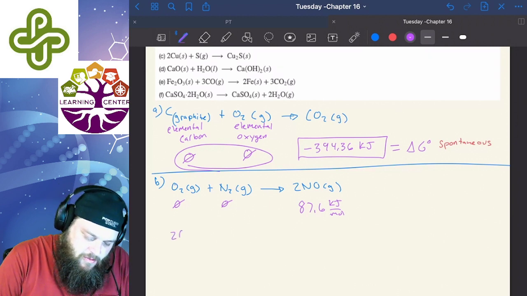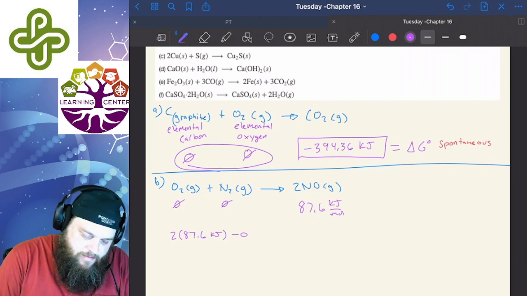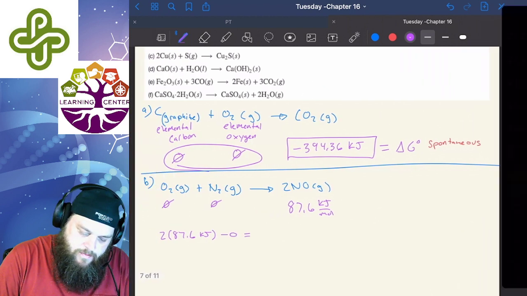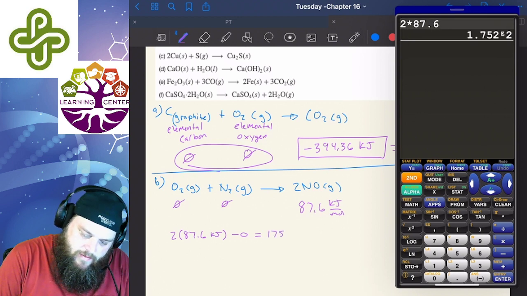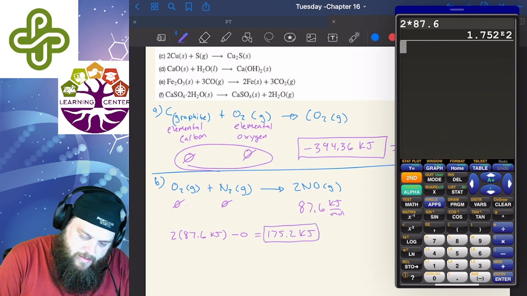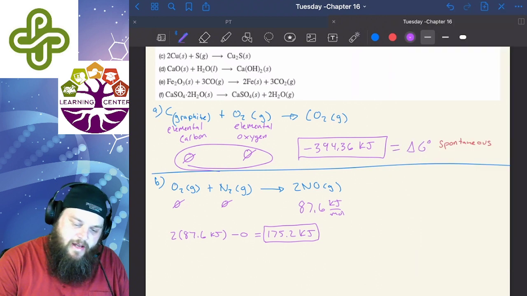So that's going to be 2 times 87.6 kilojoules, minus 0, which is equal to 175.2 kilojoules. That's going to be a positive number. Since it's a positive number, that means it's non-spontaneous.